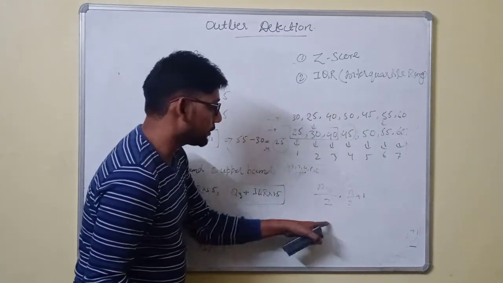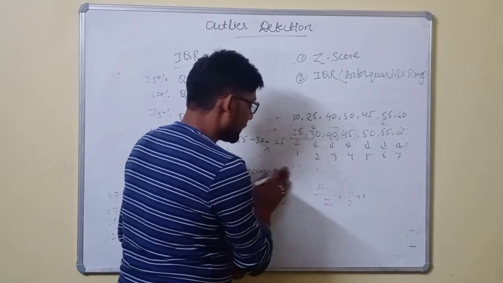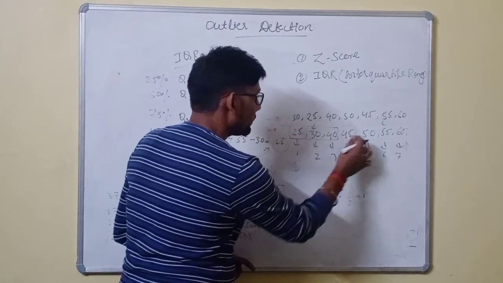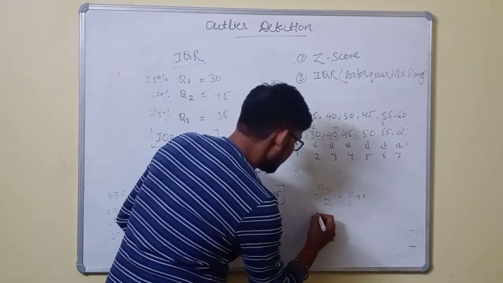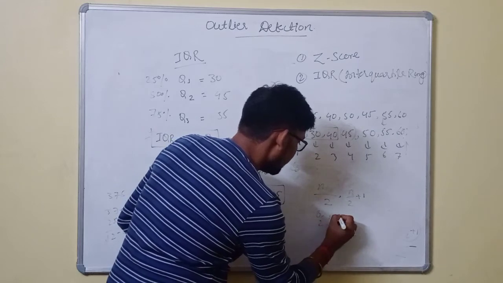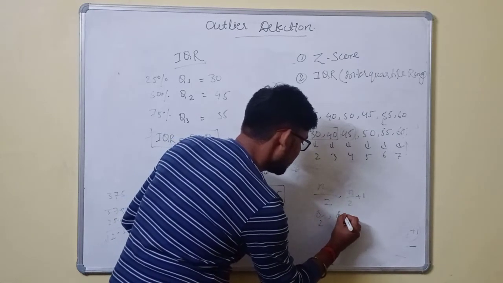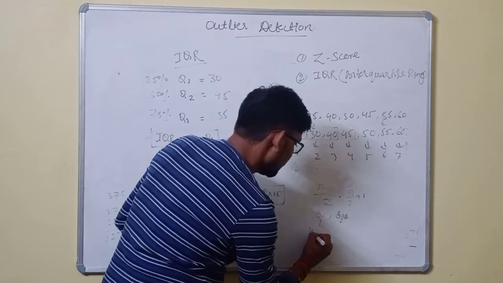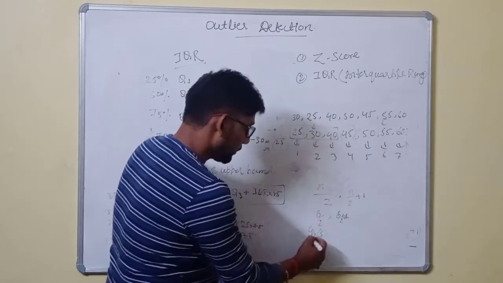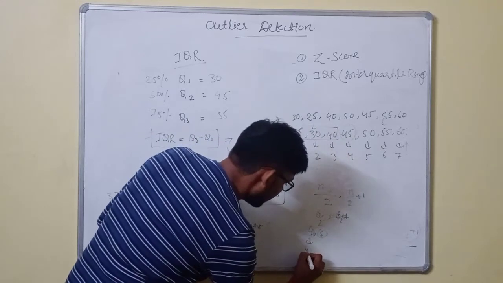So we will calculate 2 points. So suppose you have 8 points instead of 7. Now we have 8 by 2, and 8 by 2 plus 1. So this is 4, 5.